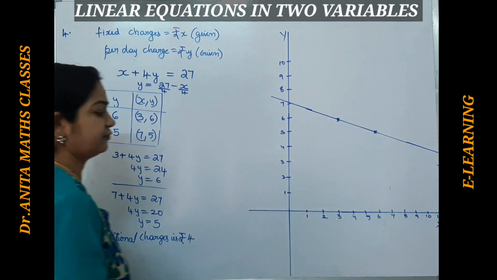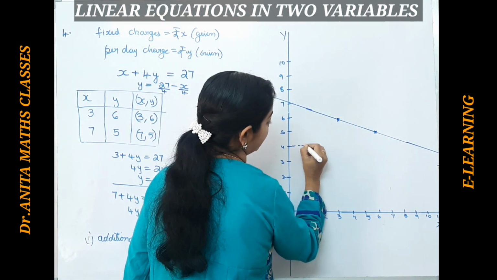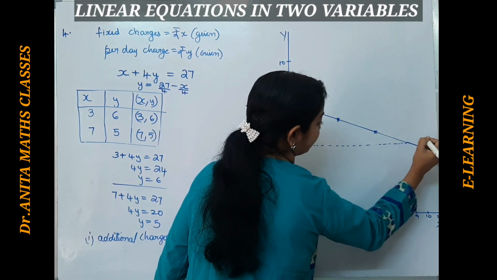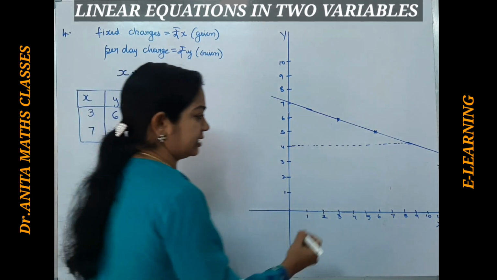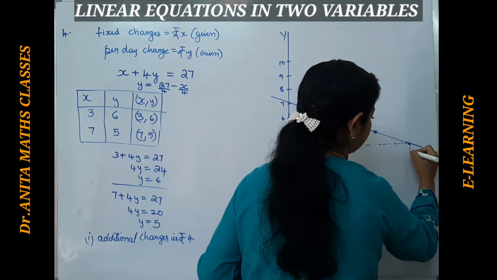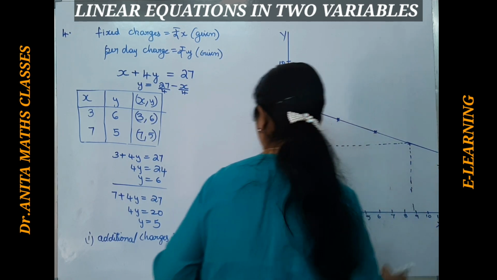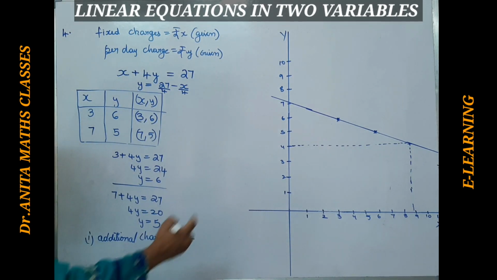When y is 4, how much is x? What we have to do is draw a straight dotted line so that it touches our graph at the point where y is 4. Now drop the line down, and you will be getting around 9. So from the graph we are finding x when y is 4.